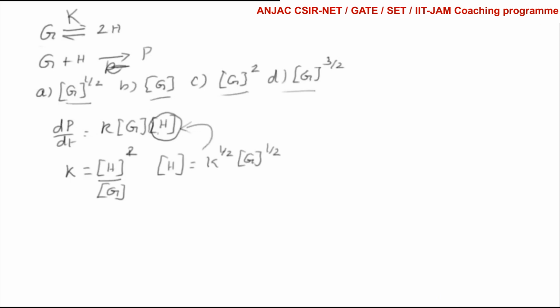Substitute this in this equation. The rate law would be equal to k into K power half into G power 3 by 2. Therefore, now your answer is coming out automatically.